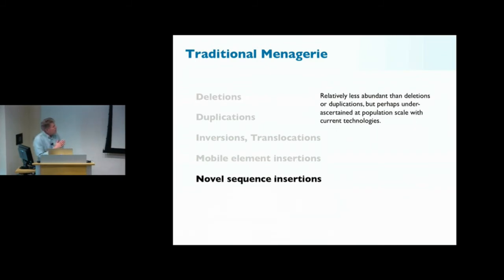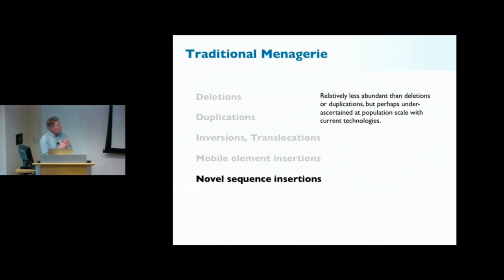Novel sequence insertions tend to be relatively less abundant. What I'm talking about in terms of novel sequence insertions here is DNA that we know to be human, or maybe we didn't even know was human, and it suddenly shows up in somebody's genome. Or maybe we knew it was human, but we didn't know where it went, and we suddenly can figure out where it goes in somebody's genome.